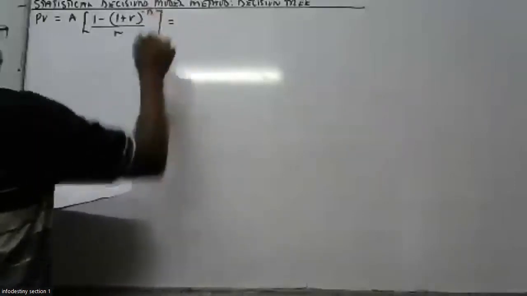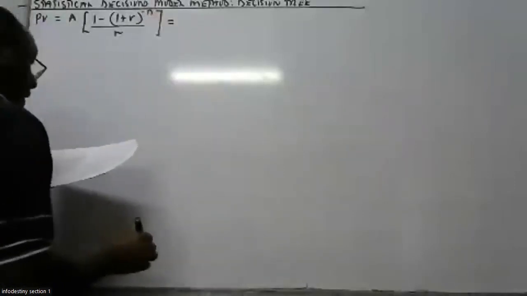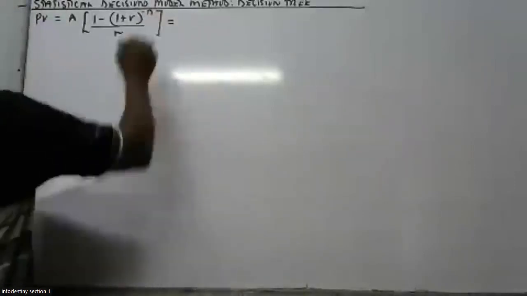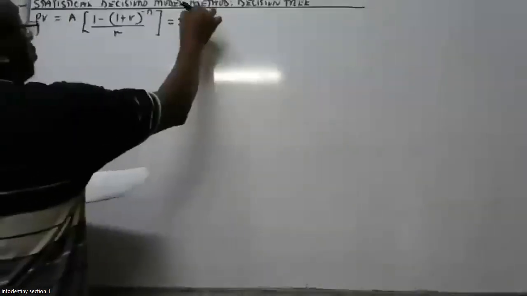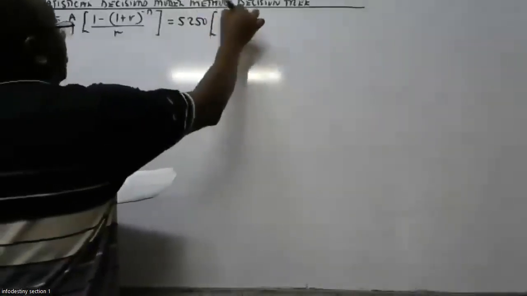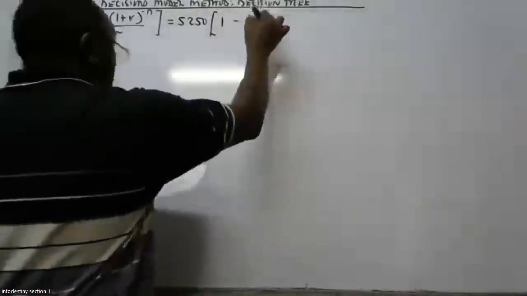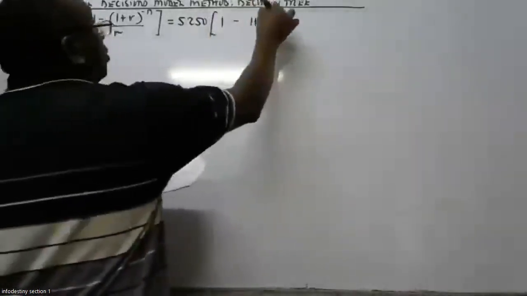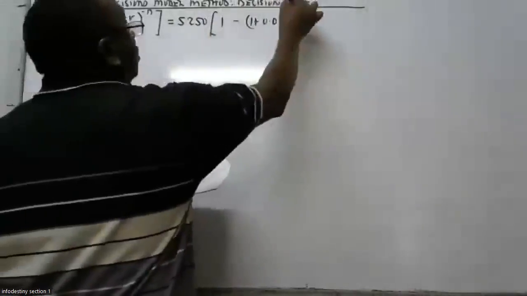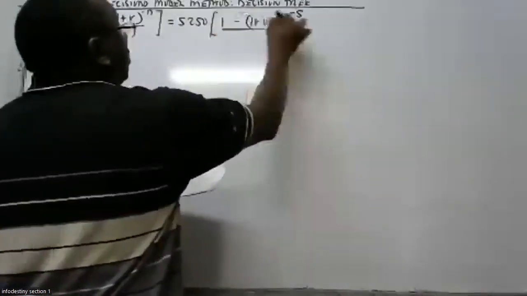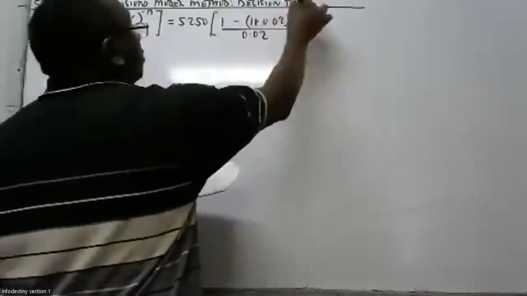So the amount is 52.50, times 1 minus (1 plus 0.02) raised to minus 5, divided by 0.02.